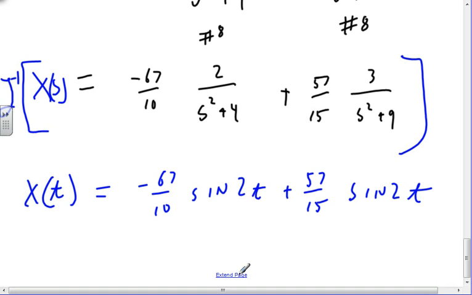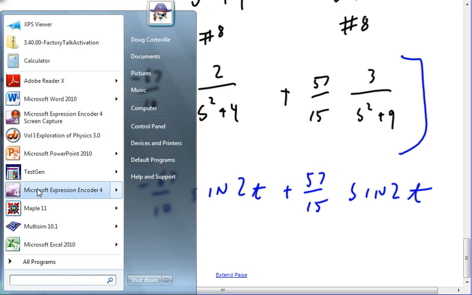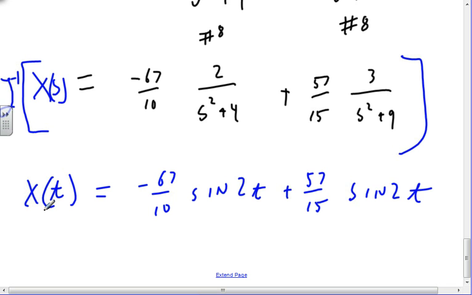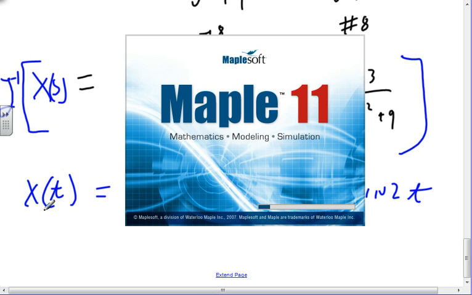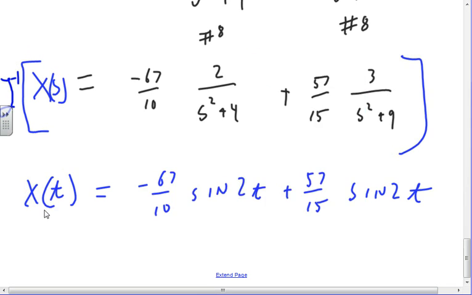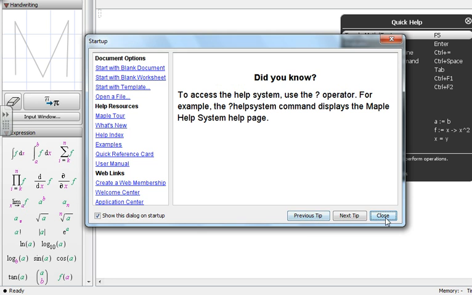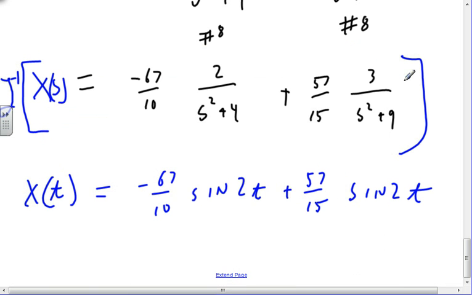Okay, that might be reasonable. We'll open up Maple and see if Maple thinks that's a reasonable answer or not. Yes, it would be 3t on the second one. So it's definitely not reasonable because it's 3t.